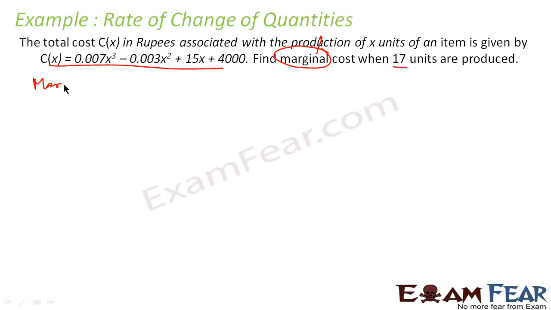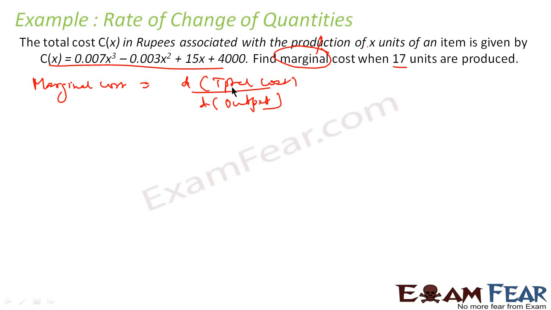Marginal cost is nothing but the rate of change of total cost with respect to change in output. If you want to increment output by one, what is the change that you need in cost?